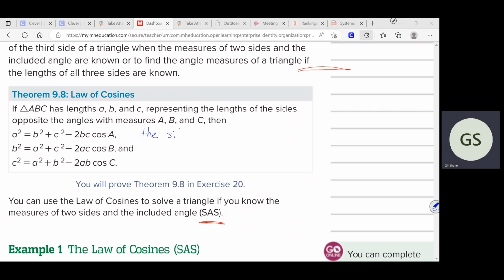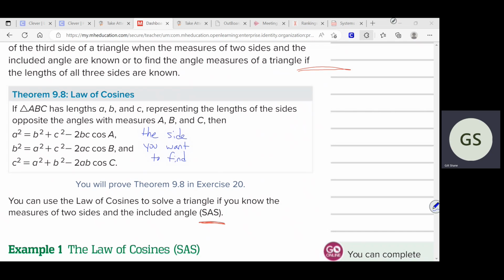So the side you are solving for, I'm going to write the side you want to find. I'm taking all three of these and just making one formula. It will work no matter what the letters are in the triangle. If you just want to learn these and you can adjust them, then you can just do that.